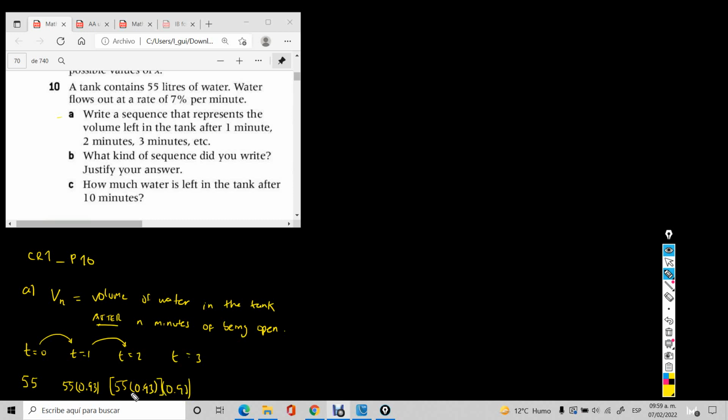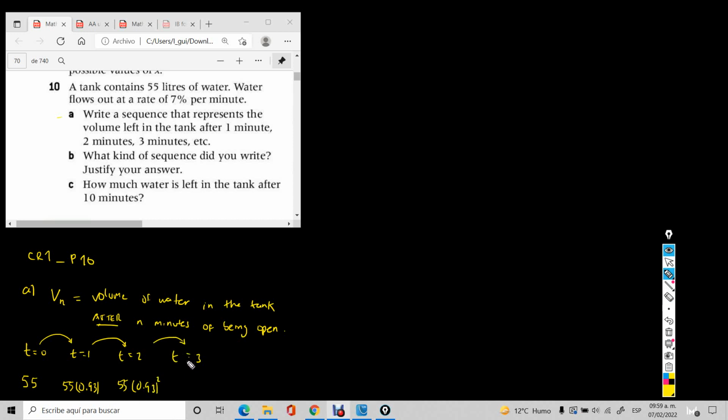And what is this equal to? This is the same number, so I can write it as a square: 55 times 0.93 squared. Like so.